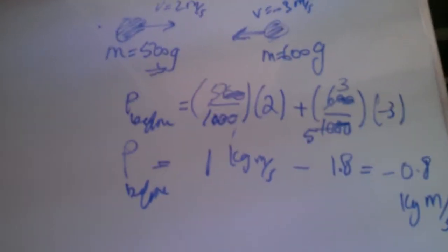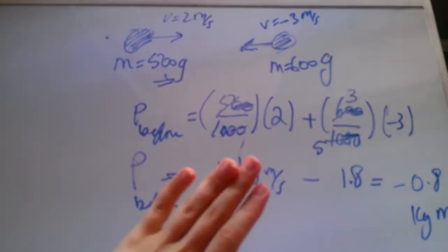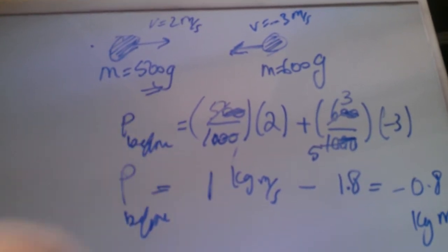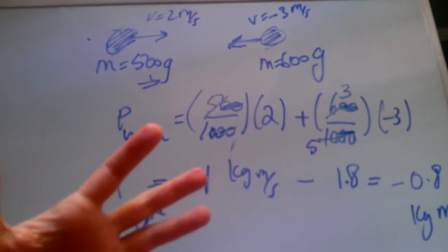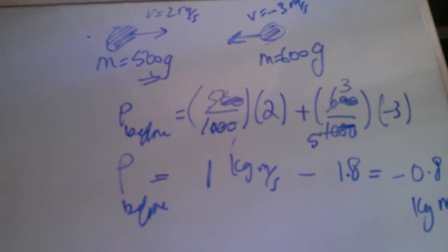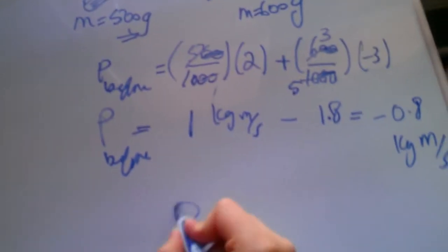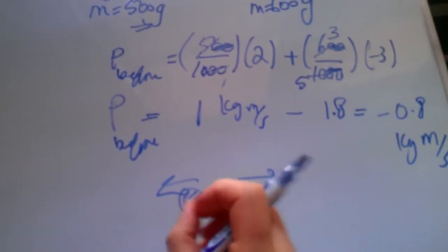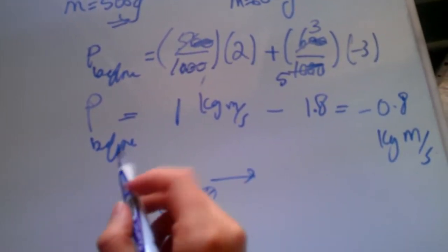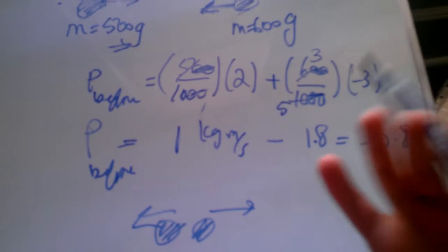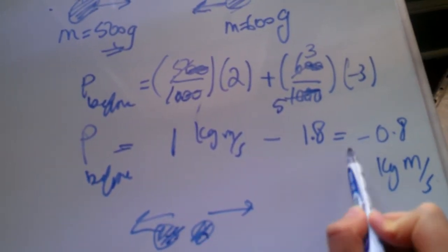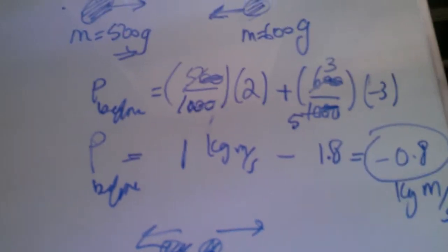And we know for all collisions, whether elastic or inelastic, no matter what type they are, we always have conservation of momentum. So after they hit each other and get away from each other, the total momentum of the system of these two balls is this number once again.